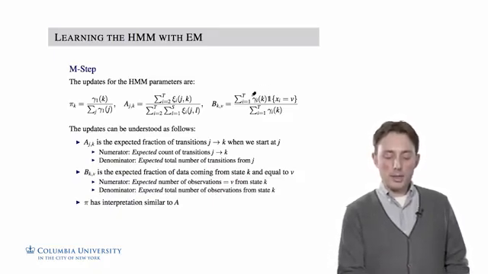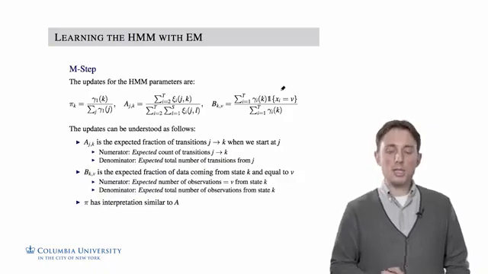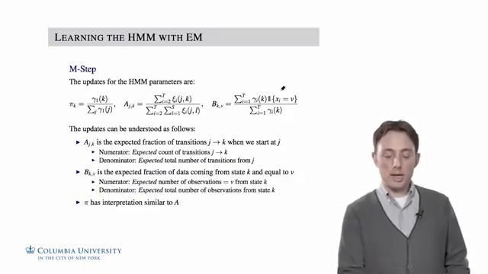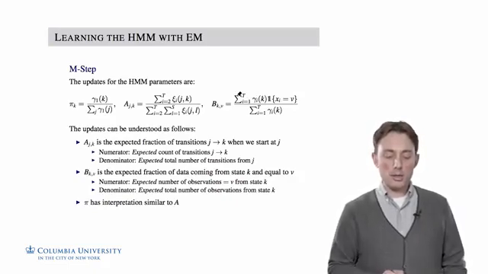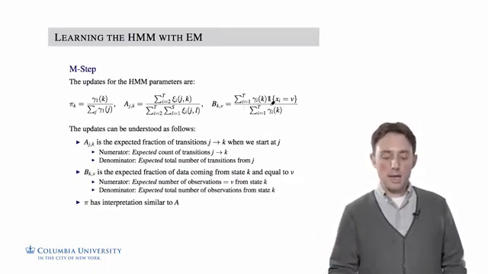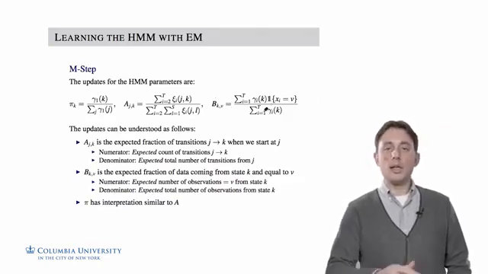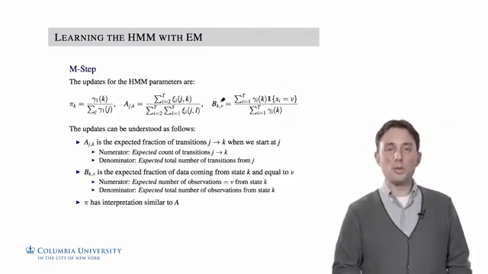I simply multiply these two things together, and what I'm doing here is summing the expected total number of times that I see the output v from state k, summing over all the time points. Then I divide by the total number of observations that I'm going to see from state k. That simply takes the numerator and normalizes it so the rows sum to 1.